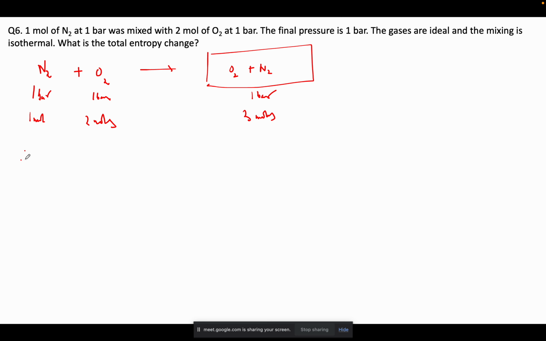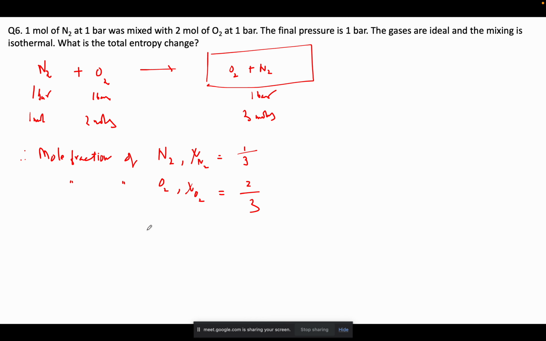Therefore the mole fraction of nitrogen, X N2, is equal to the number of moles divided by the total number of moles, 1 by 3. Similarly, the mole fraction of oxygen, X O2, is 2 by 3 in the mixture.